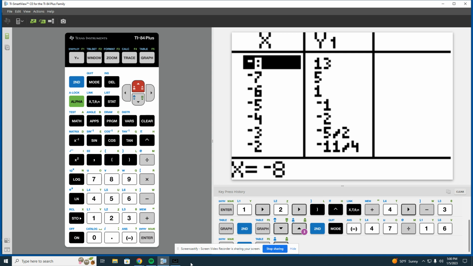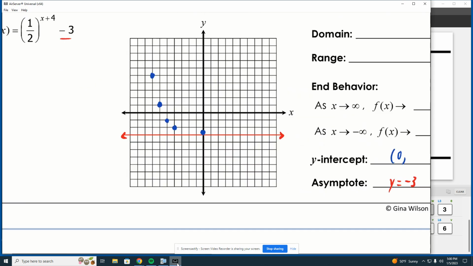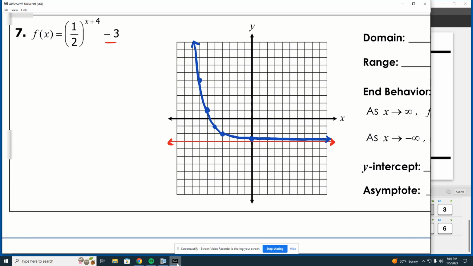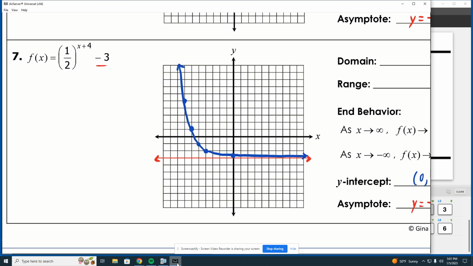So let's go back now. And you're all following along here. Sure enough, there's my points that I was able to find really easily with my graphing calculator. So let's just draw our graph to go through all those points, but then to never cross my asymptote.